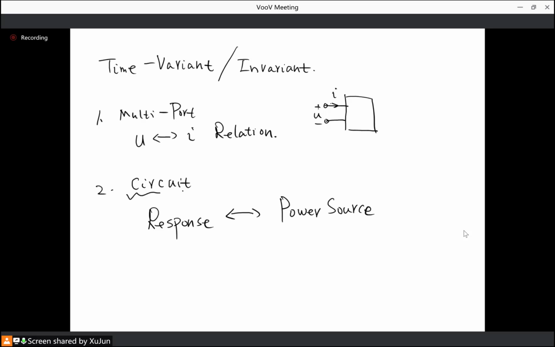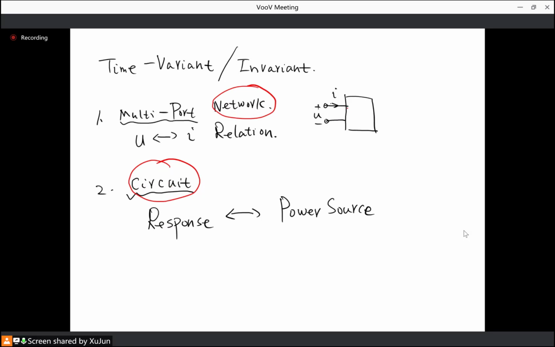So when we discuss the circuit versus the multi-port network, this relates to the concept of the difference between a circuit and a network. A multi-port network is not a circuit. A circuit is a whole.